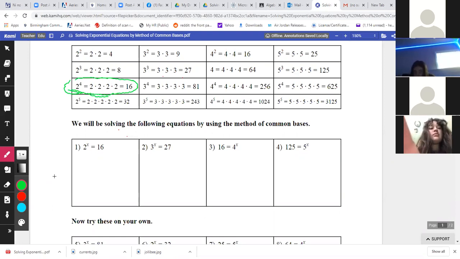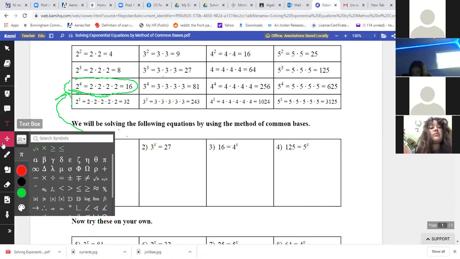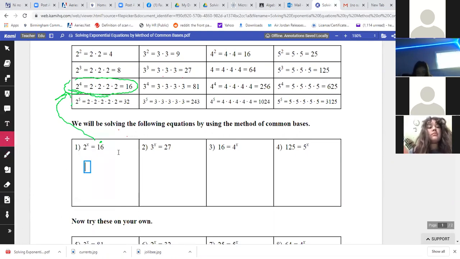So the way this is going to look like is I know that 16 is equal to 2 to the fourth. So I am going to change this equation to look like this. 2 to the x is equal to 2 to the fourth.